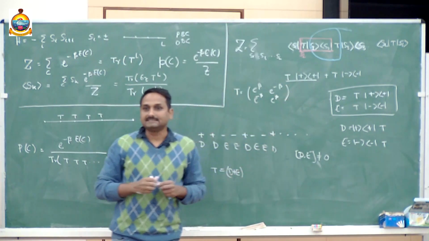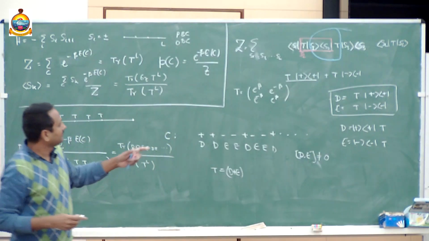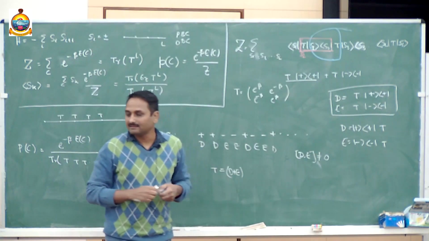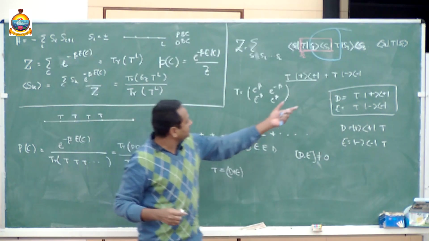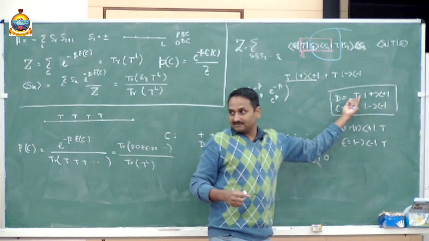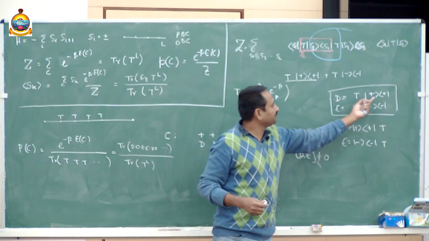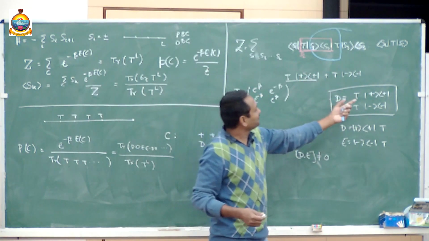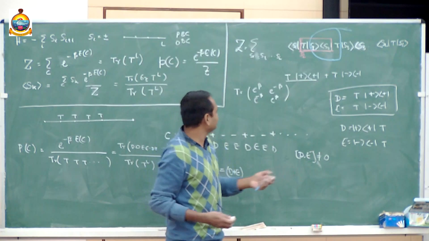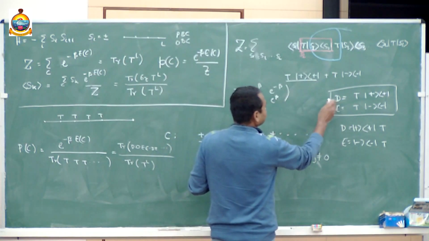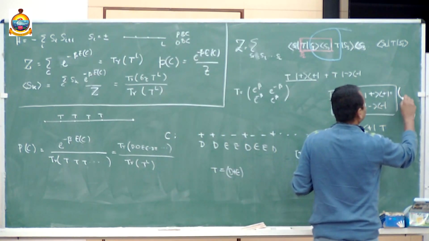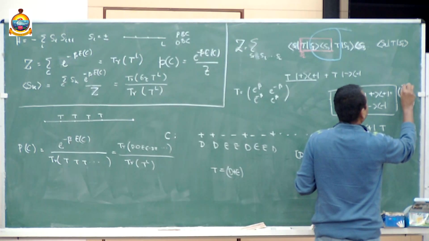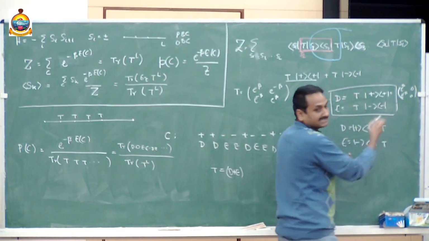So what is your matrix D? That is this one, but you have to multiply with T, no? So if you multiply, T can also be written in that form. So we can see that only the columns survive. So in this representation D equals e to the power beta, e to the power minus beta, 0, 0, and E is the other part.